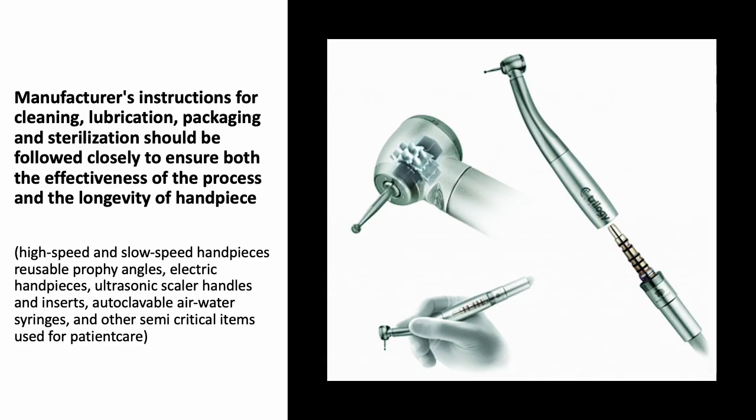For handpieces, you must follow the manufacturer instructions for the cleaning, lubrication, packaging, and sterilization. It should be followed closely to ensure both the effectiveness of the process and the longevity of the handpiece. The handpiece, as we know, is very expensive and is very essential in our work.